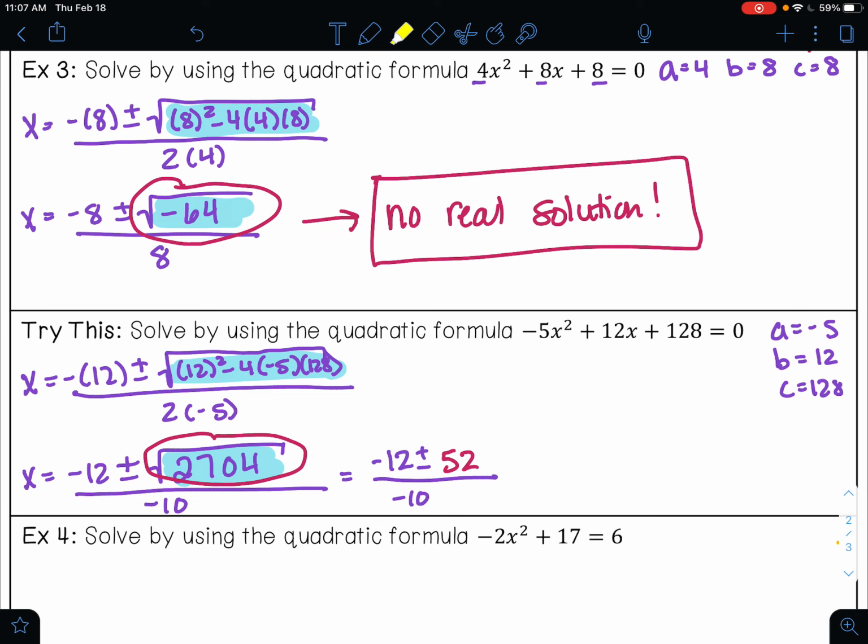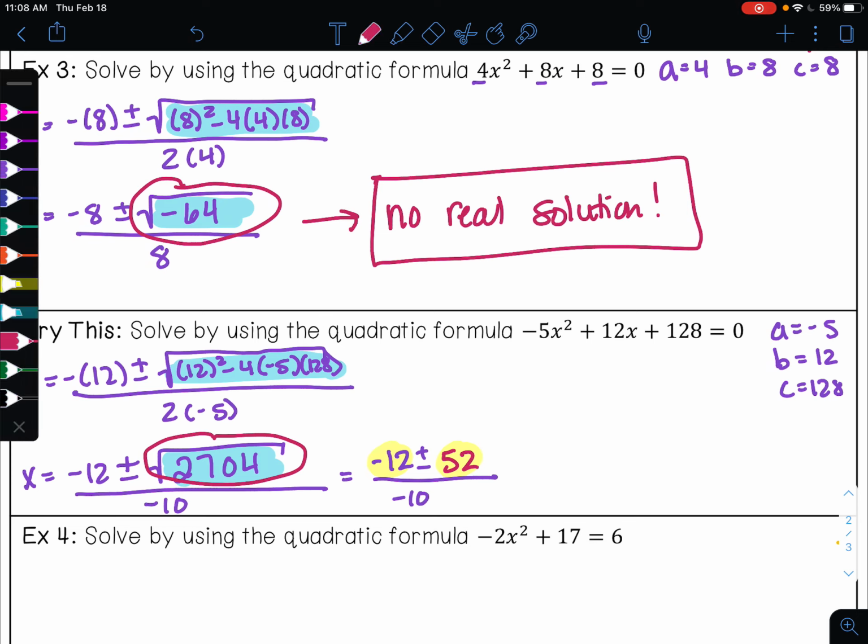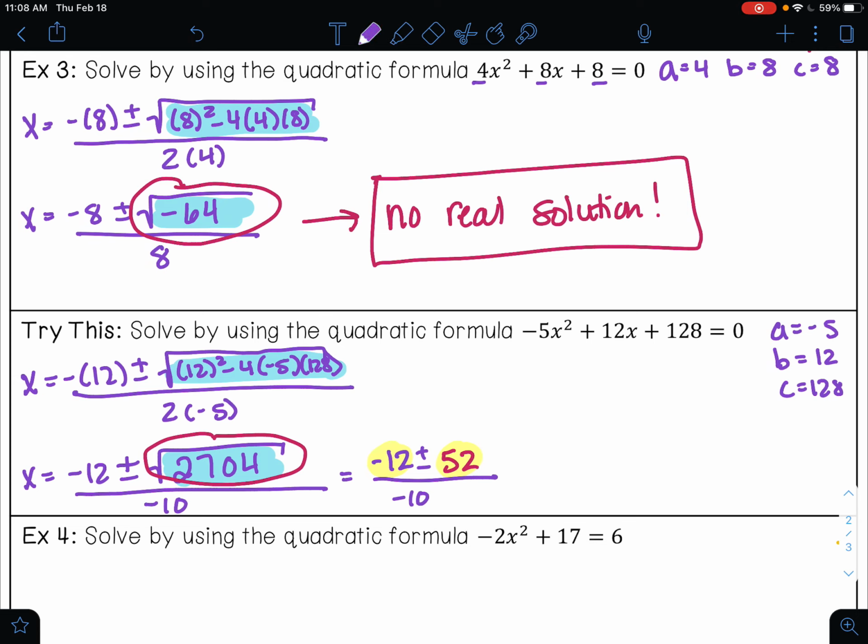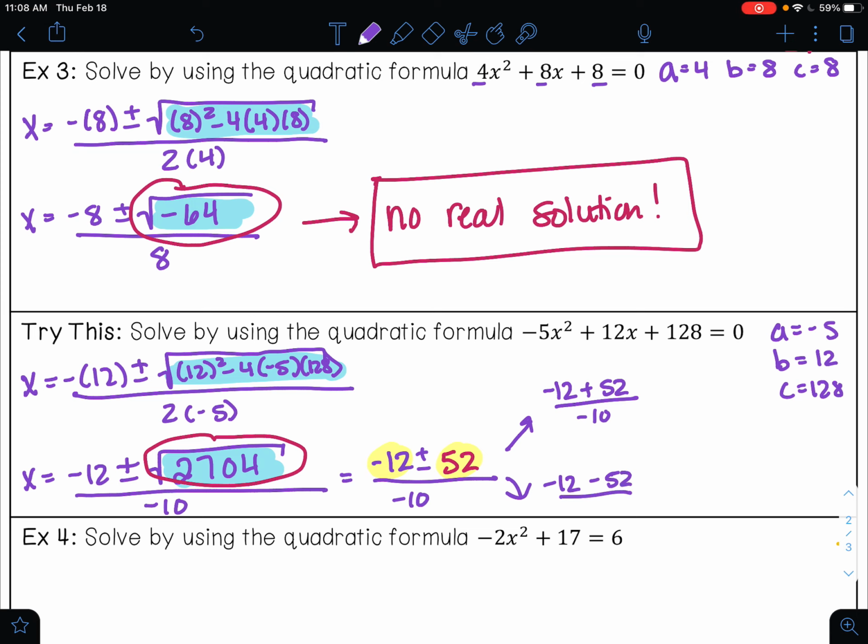So now we're on step 5, which is simplify. When I look at -12 and 52, I can see that these are like terms. And because these are like terms, I can go ahead and continue this problem. And so I'm actually going to have two equations. I'm going to have -12 plus 52 over -10, and I'm going to have -12 minus 52 over -10.